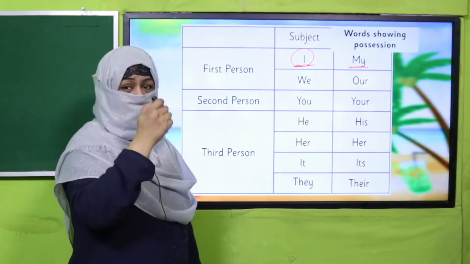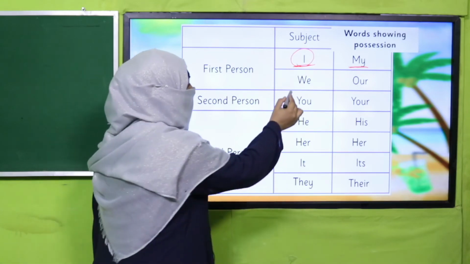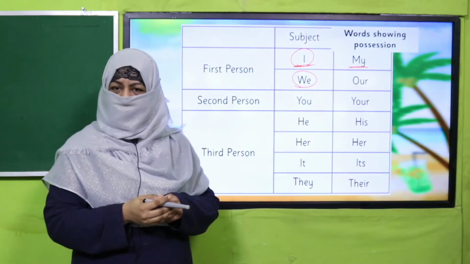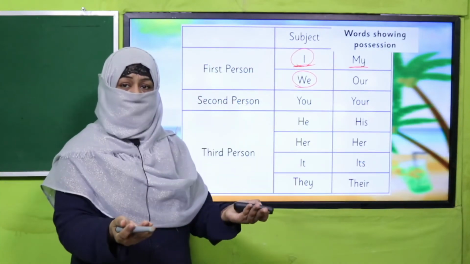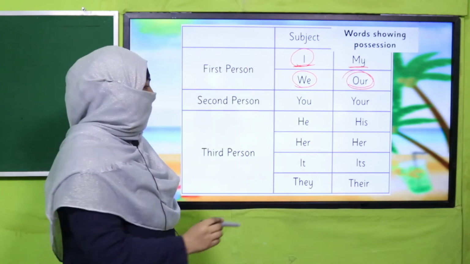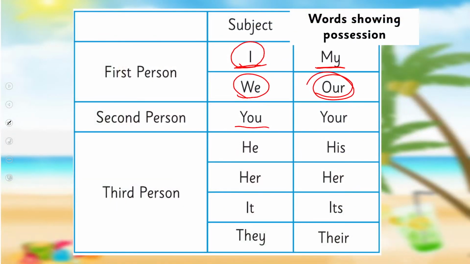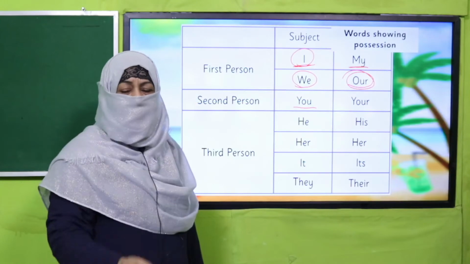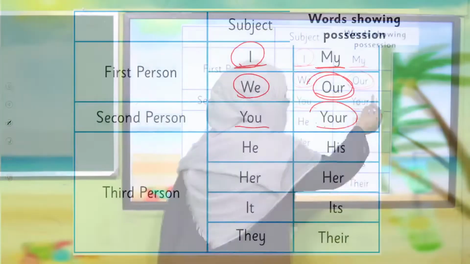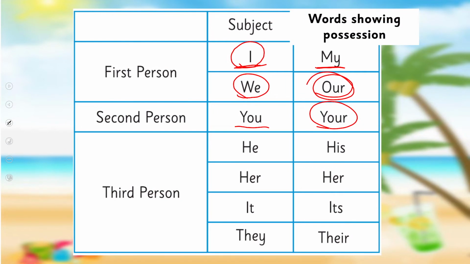So my shows first person I, okay? We are students and this is our classroom. So for the word we, we use our, okay? You are my student and this is your lesson, okay? So your is for second person.